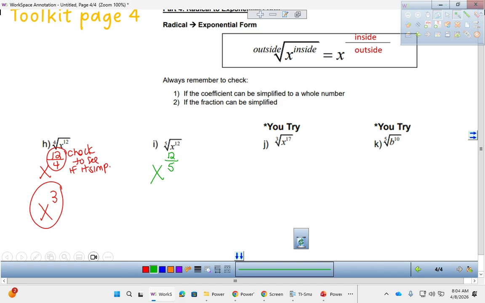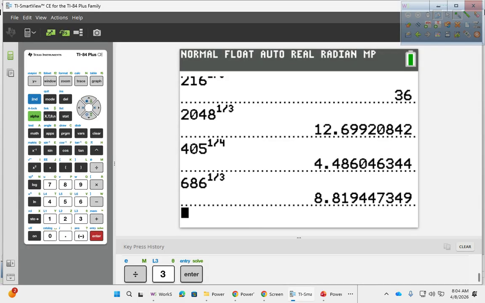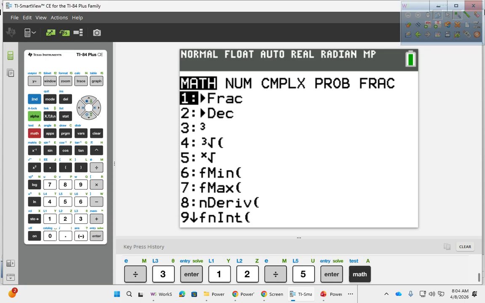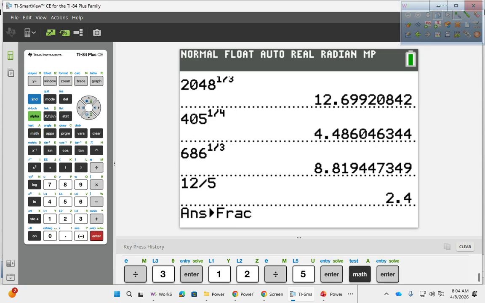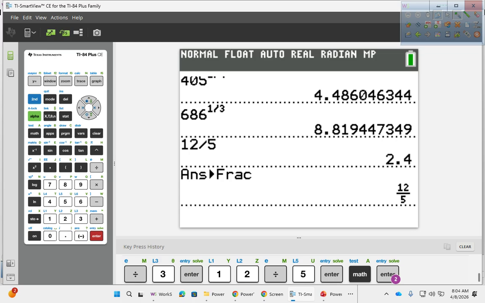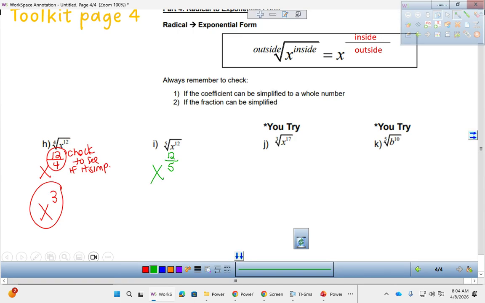So all I would do here is check if 12 divided by 5 reduces by hitting math, enter. If it doesn't reduce, then you're just going to leave it alone. But if you have something like 4/8, I need you to write it as 1/2. So all you're doing is simplifying fractions here. And you don't actually have to simplify them on your own. The calculator will do it for you.